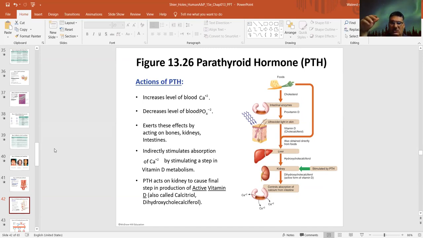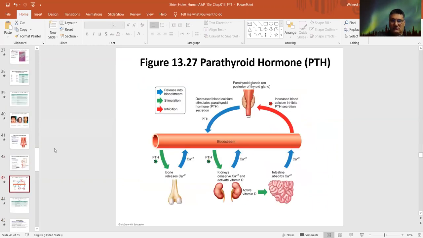And vitamin D, the active form is called calcitriol, and this is the one that's going to act on the kidney to reabsorb calcium, and it increases calcium absorption in the digestive system as well. So here are the actions on the bone, on the kidney, on the intestine.